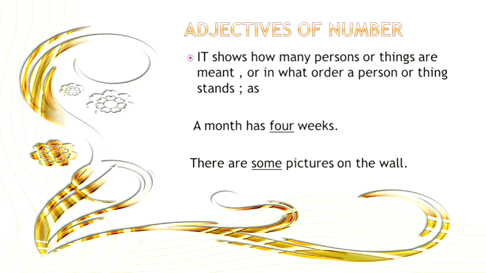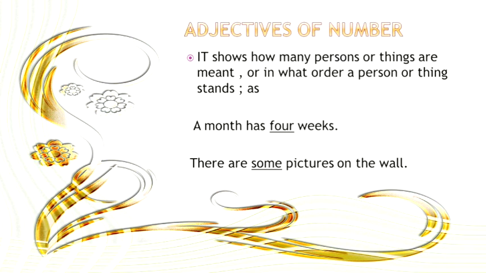Okay. So the word some is the adjective of number since we can count the pictures. And it is an adjective because it is telling you more about the noun pictures. Dear children, whenever we find an adjective of a kind, like here we are studying the adjective of number first.